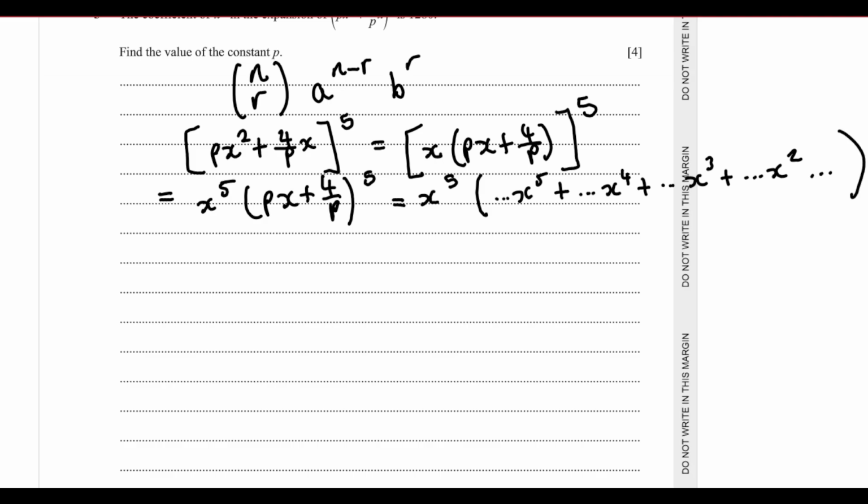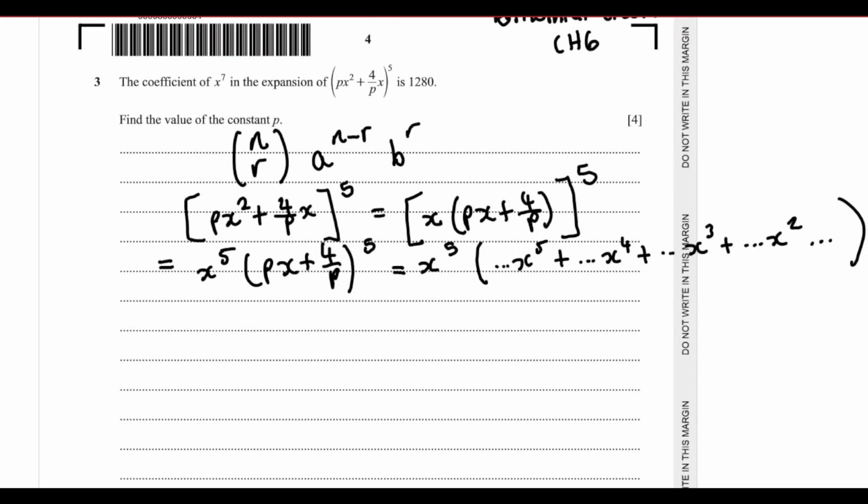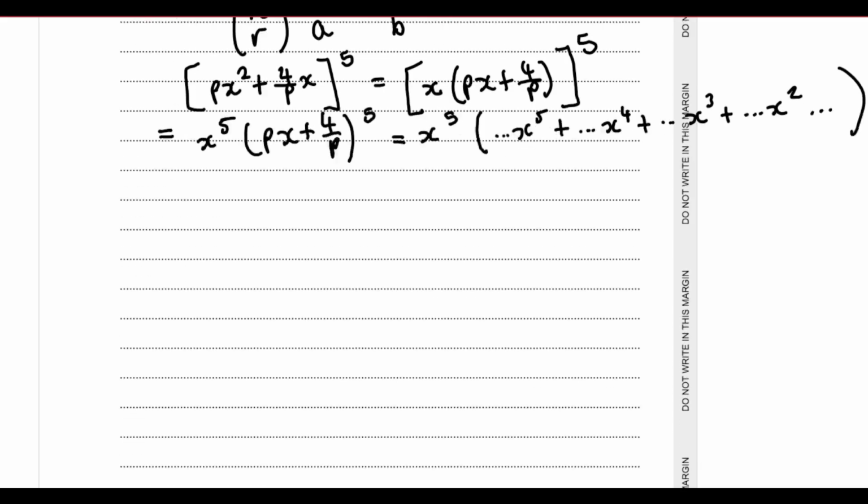Okay, the pattern will go on like that. Now if you multiply x to the power of 5 with x to the 2, that's going to give you the term with x to the 7, which is the one they give us. They give us the coefficient. Now we need to use that coefficient to find p in the end.